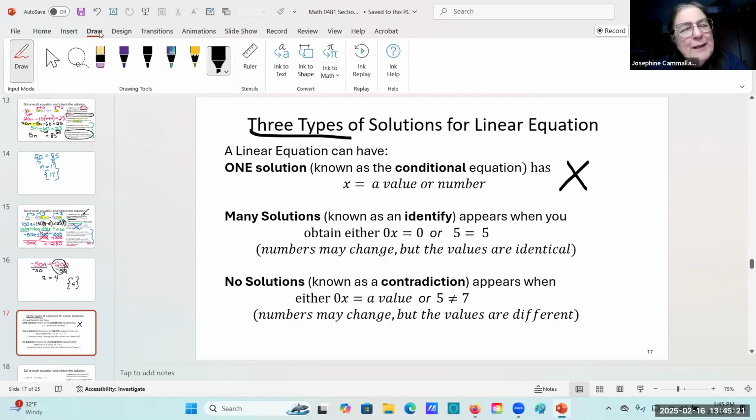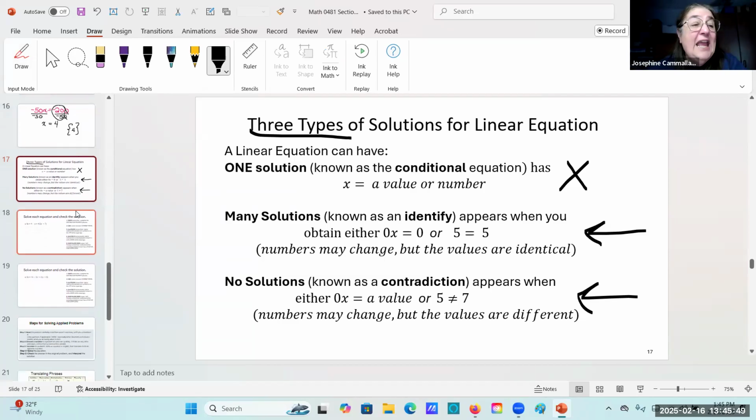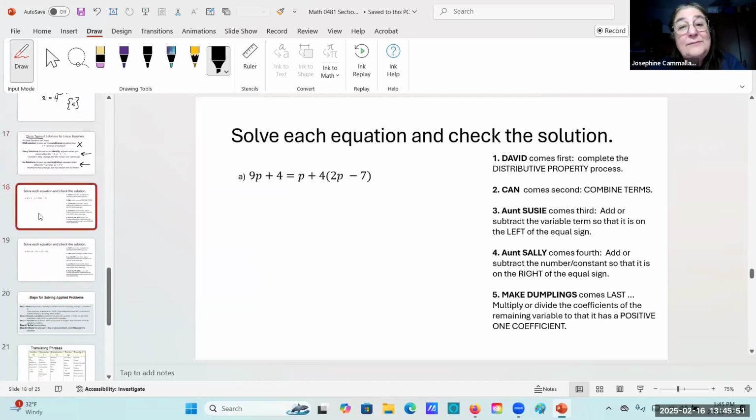Well, now, because we're in 3.2, and toward the end of this course, and if you take 482, you are going to find that you're going to have many solutions or all real numbers, sometimes called infinite solutions, or you're going to have no solutions. It's finding these, okay?